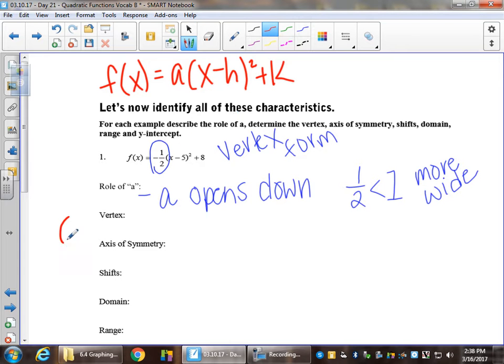Our vertex is always going to be h comma k. Looking at our function here, this is h, this is k. Our vertex, 5, 8. We do not look at this negative sign because it's only h. That negative sign is not part of h.